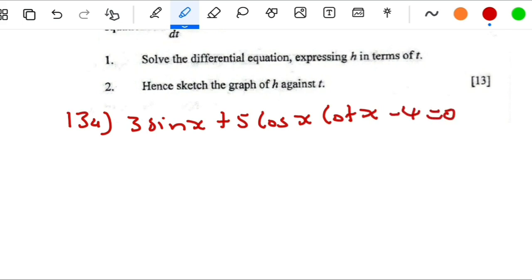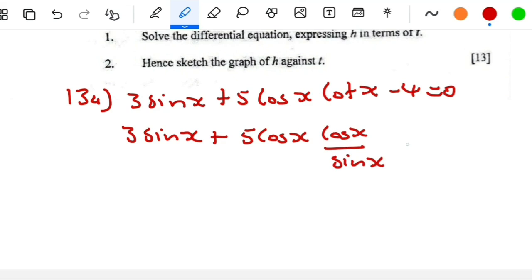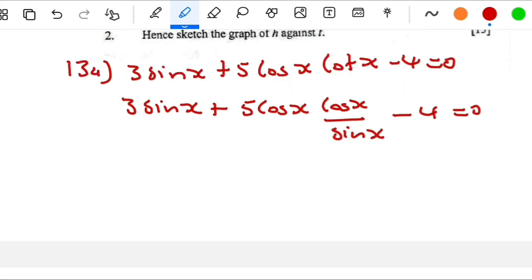Okay, so let's say 3 sine x plus 5 cos x, then cot is cos x over sine x, minus 4 equals 0.